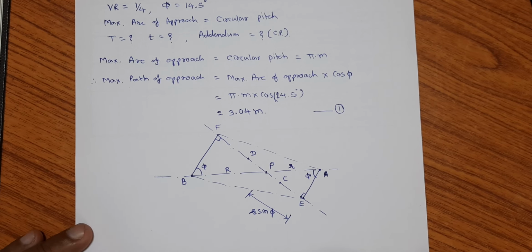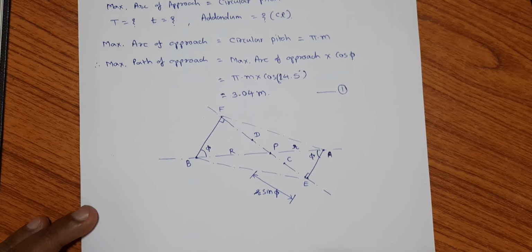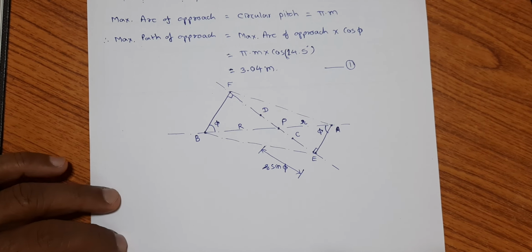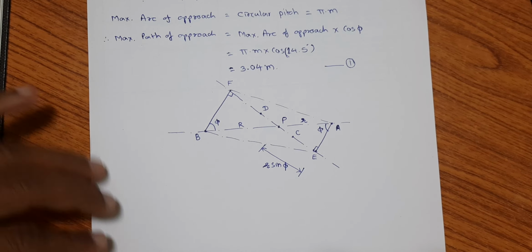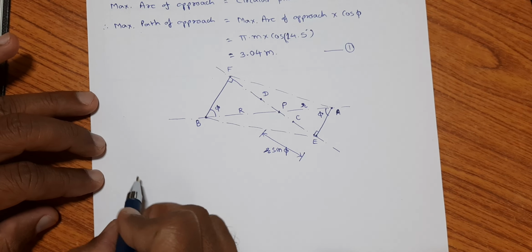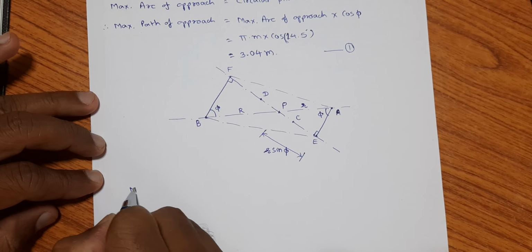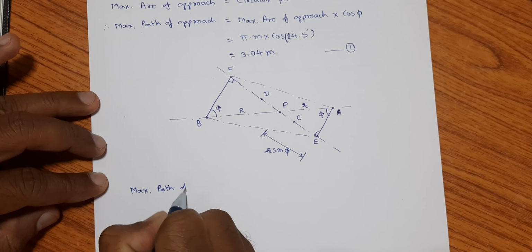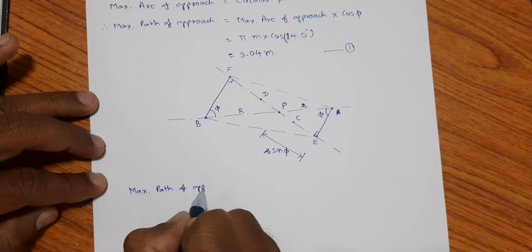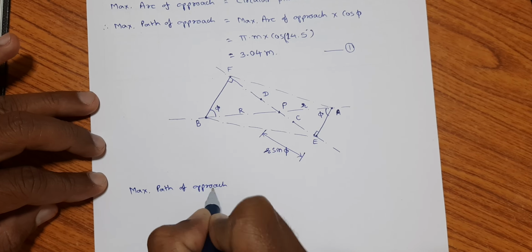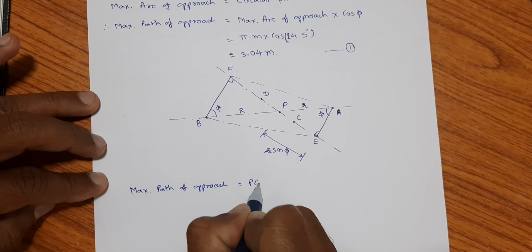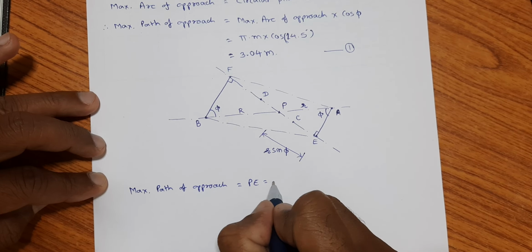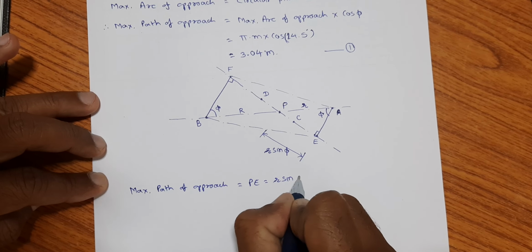So we can write that maximum path of approach is equal to PE is equal to R sin phi.